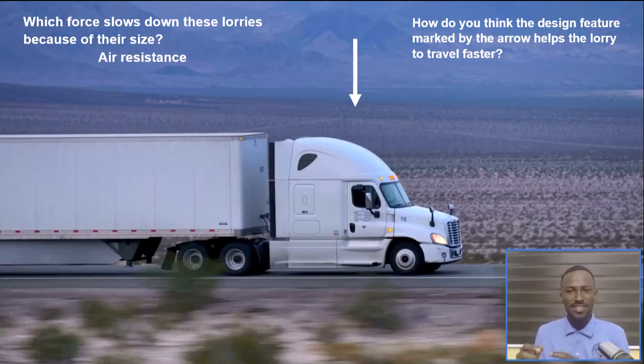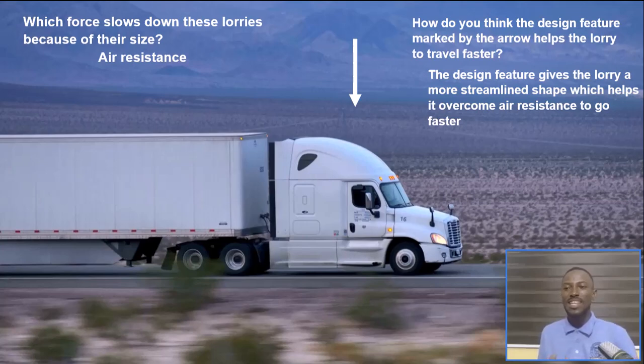What do you think the design feature marked by the arrow helps the lorry to do to travel faster? Well, the design feature gives the lorry a more streamlined shape, which helps it to overcome air resistance to go faster. So it is now streamlined.